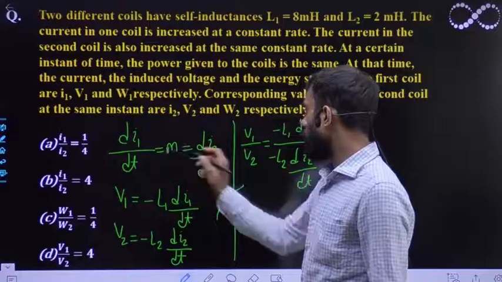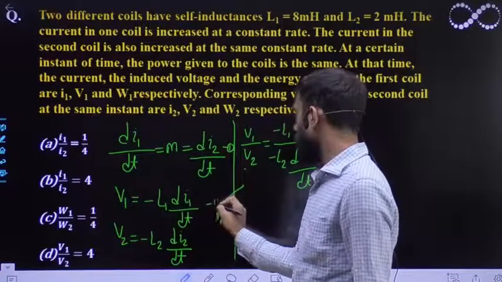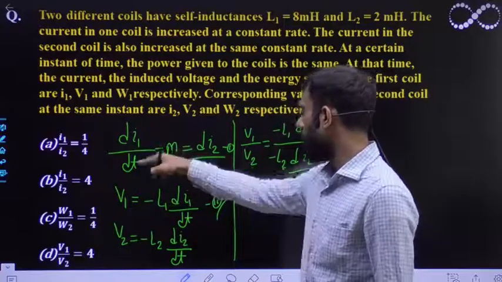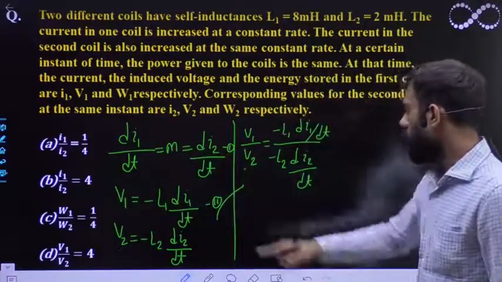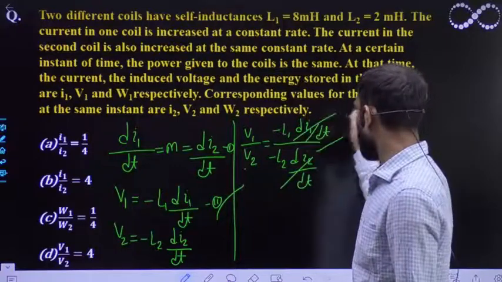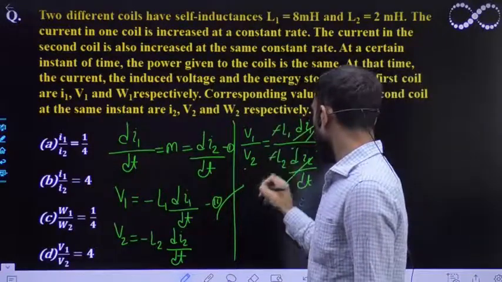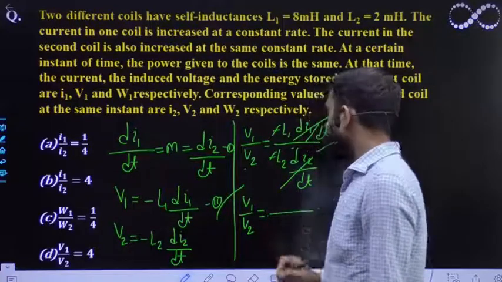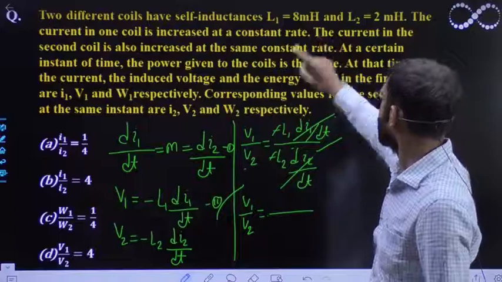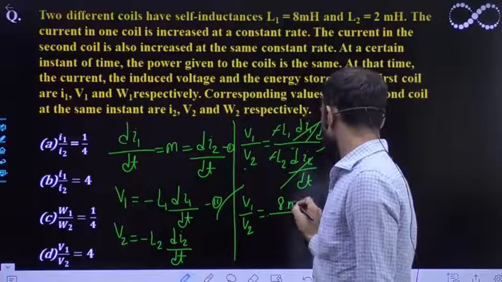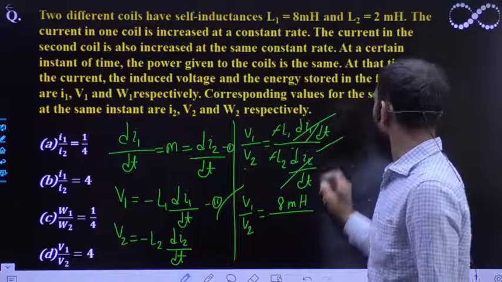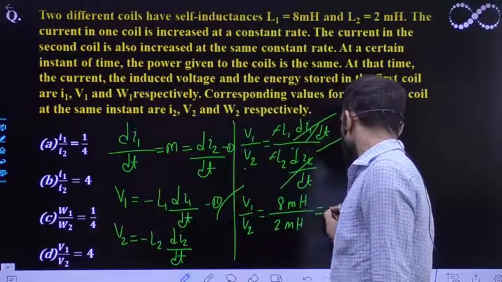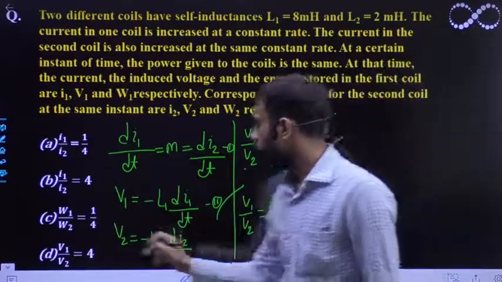If I call this equation 1 and this equation 2, from equation 1 I can say dI1 upon dt and dI2 upon dt are the same, that is equal to M. So this will cancel out, and the minus minus will also cancel out. So V1 upon V2 is nothing but L1 upon L2, and the value of L1 is given in the question, 8 mH, and L2 is given 2 mH. So from here you will get the value 4. So V1 upon V2 is coming 4, so that is correct.